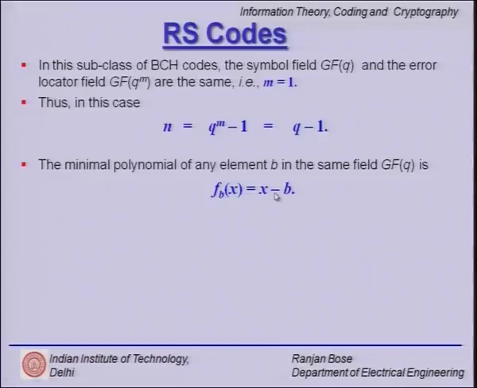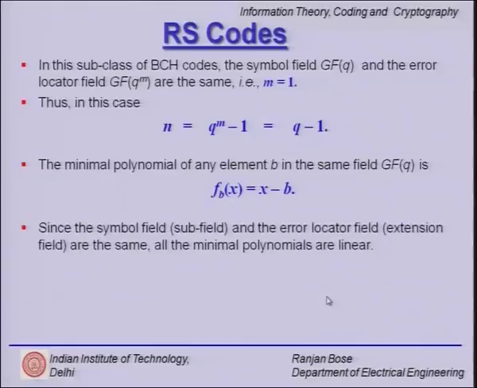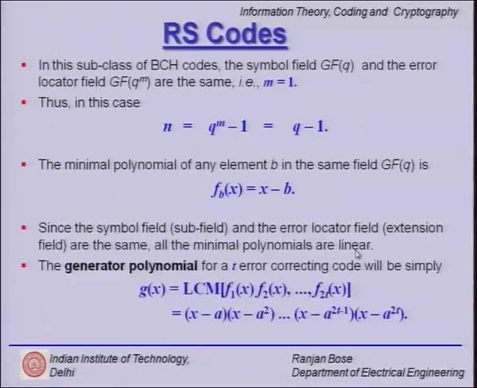Now, we have already understood from BCH codes that the minimal polynomial of any element b in the same field GF(q) is a linear factor like this. Since the symbol field, the subfield, and the error locator field, the extension field, are the same, since m is 1, all minimal polynomials are linear. So, it is very easy to find the minimal polynomials for the Reed-Solomon codes, and by that same notion, the generator polynomial g(x) is nothing but the LCM of f1(x), f2(x) up to f2t(x).